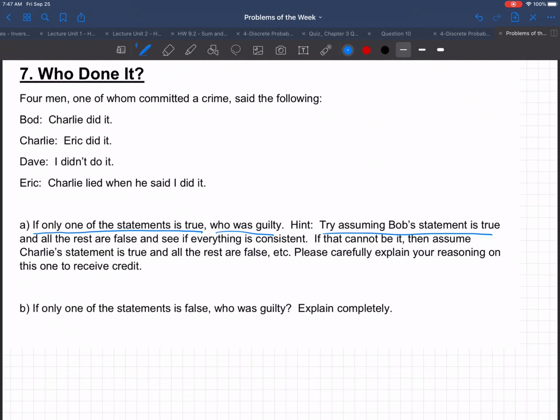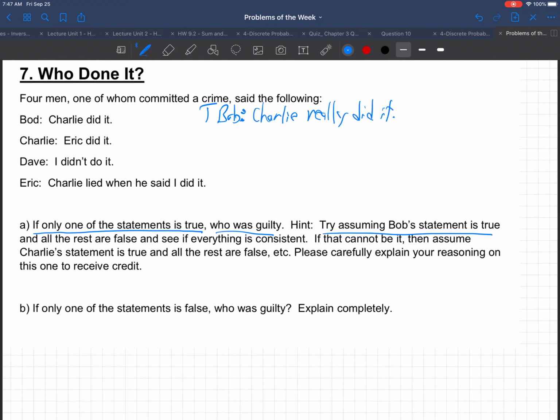So what if Bob is true? Here, I'll write right here. If Bob is true, what does he say? He says Charlie did it. So if Bob is telling the truth, that means Charlie really did it, right?